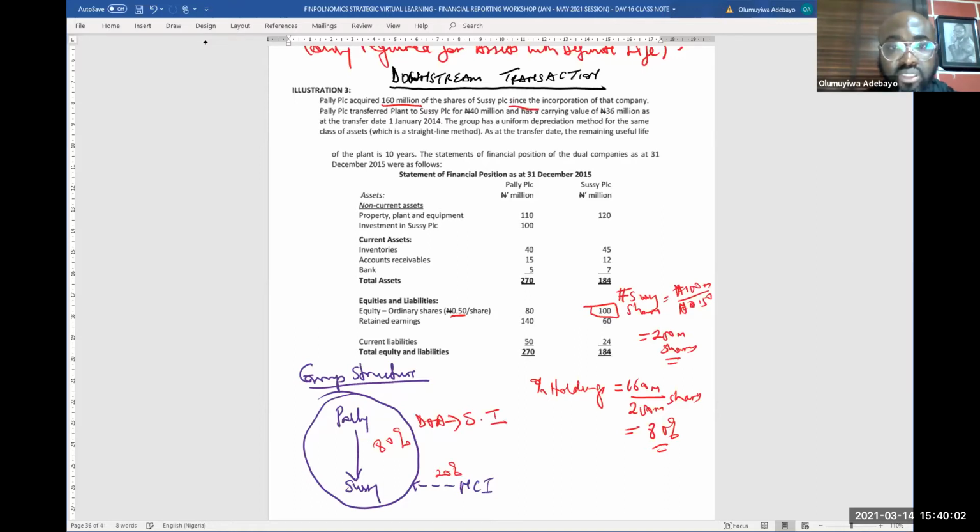That means we don't know when, but since incorporation. And we are reporting today, 31st December 2015.